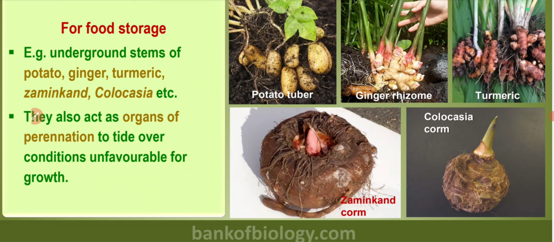These are organs in a plant that help them survive from one growing season to the next. These organs store nutrients and help the plant survive in unfavorable conditions like winter or drought. So these underground stems tide over unfavorable conditions, and when favorable conditions arise, they regrow the plant.